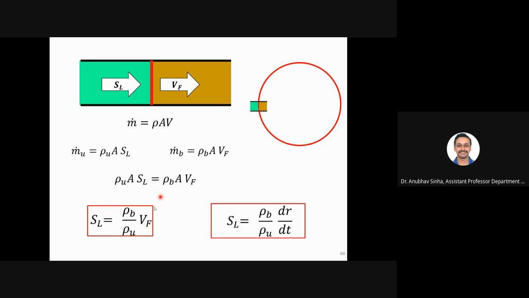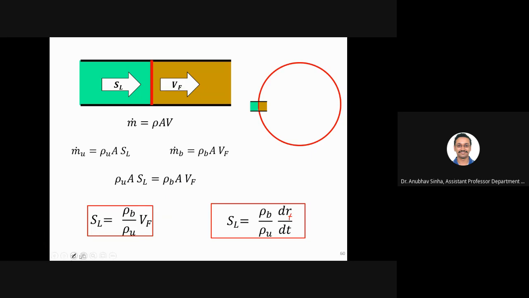Or I can say what is VF is basically dr by dt. Okay, that's what we are discussing initially. So I can say if I measure dr by dt, you can also write this as dr of the flame front, dr by dt into, this is called expansion ratio, or let us say ratio of density, that will give you SL.